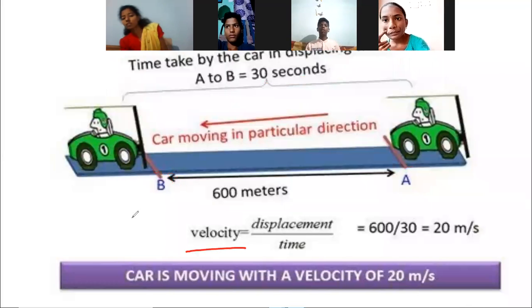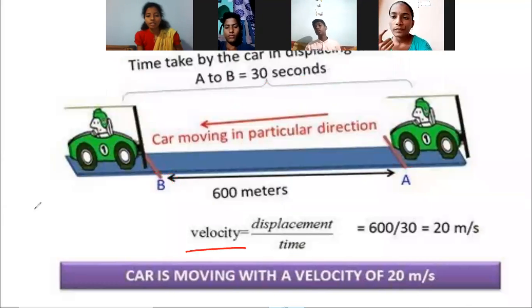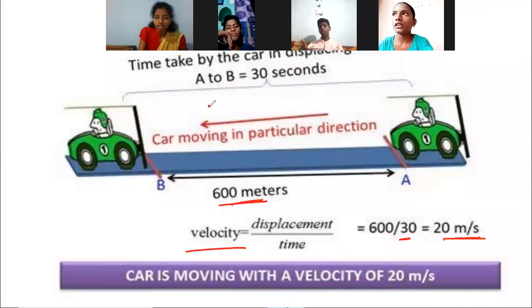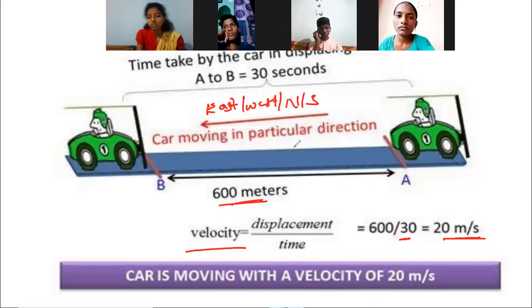We know velocity equals displacement by time, Nana. Displacement is 600, time is 30 seconds, so 20 meter per second. So the car is moving with a velocity of 20 meter per second towards east or west or north or south direction.